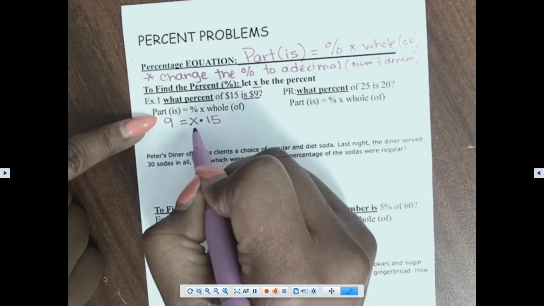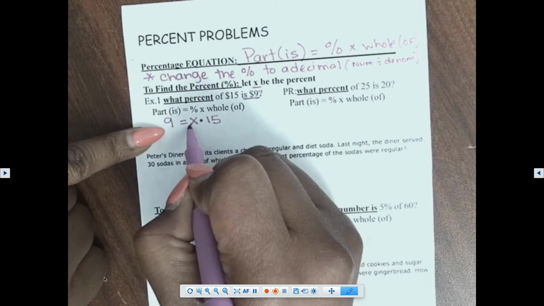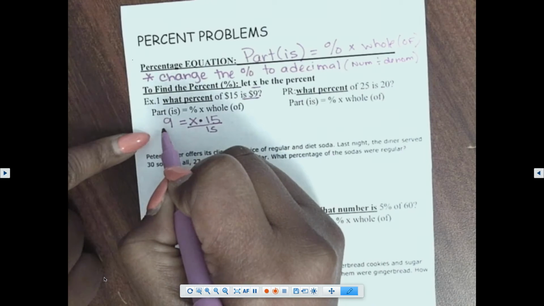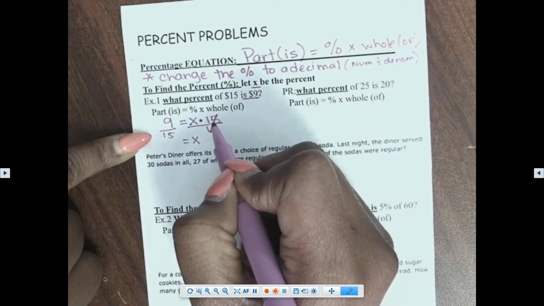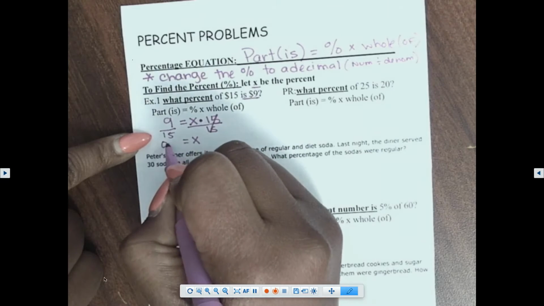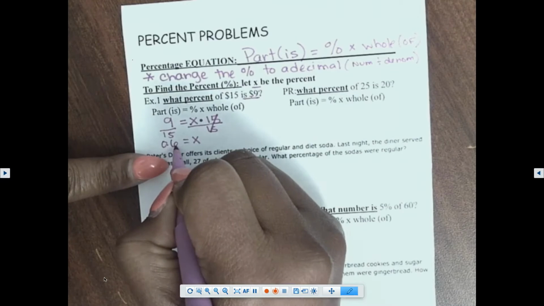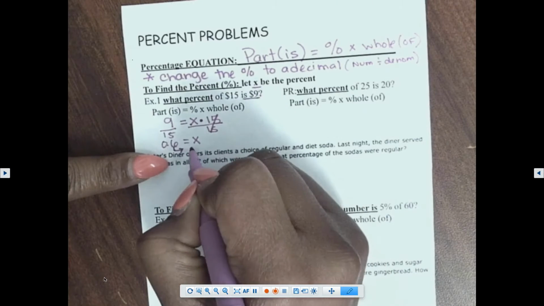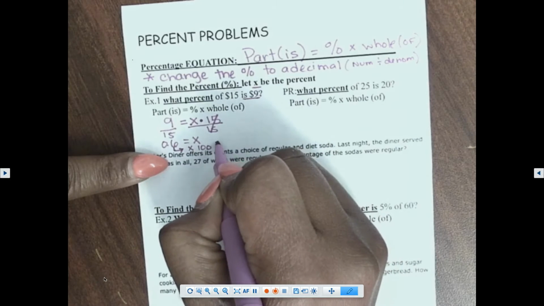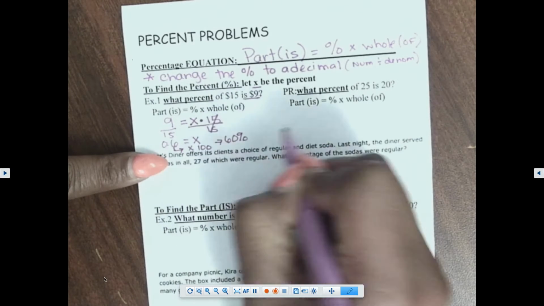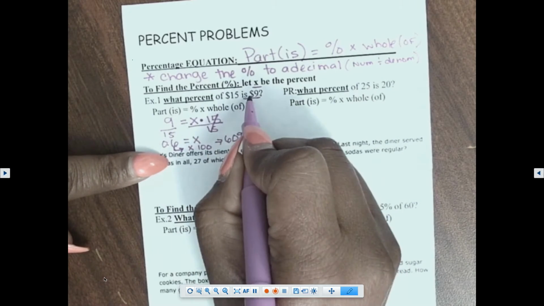So we have to figure out how to get X by itself. In our video before, when X was being multiplied by a number, we simply divided the number on both sides, which meant the X would be by itself, leaving us with 0.6. But 0.6 is not a percent. So what do we do to turn this into a percent? We multiply by 100, and that meant we have 60%.